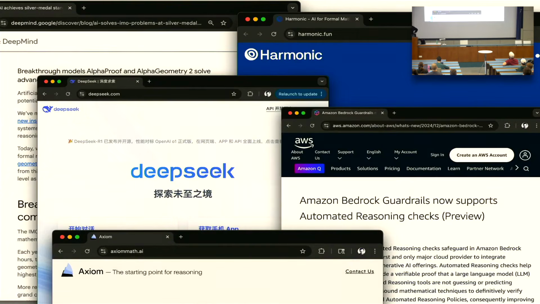DeepMind, like AlphaProof and AlphaGeometry, those kinds of projects are neurosymbolic. For example, AlphaProof uses the Lean theorem prover. Harmonic is a startup that I think raised $20 million to build formal reasoning tools, so they're using Lean combined with language models. DeepSeek, the Chinese language model, also uses reinforcement learning together with Lean.